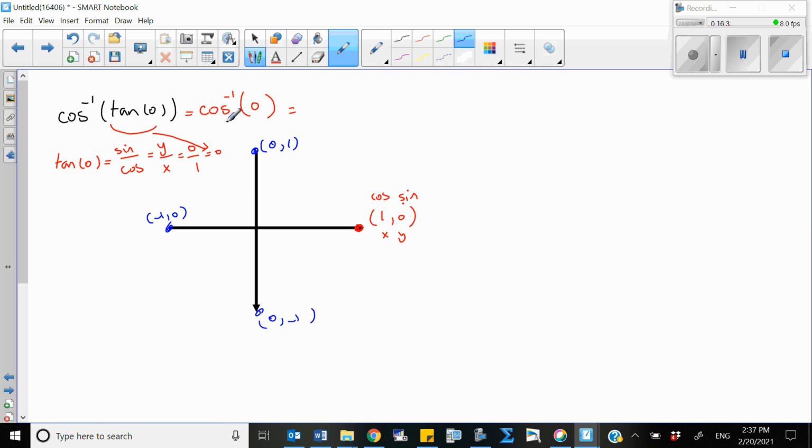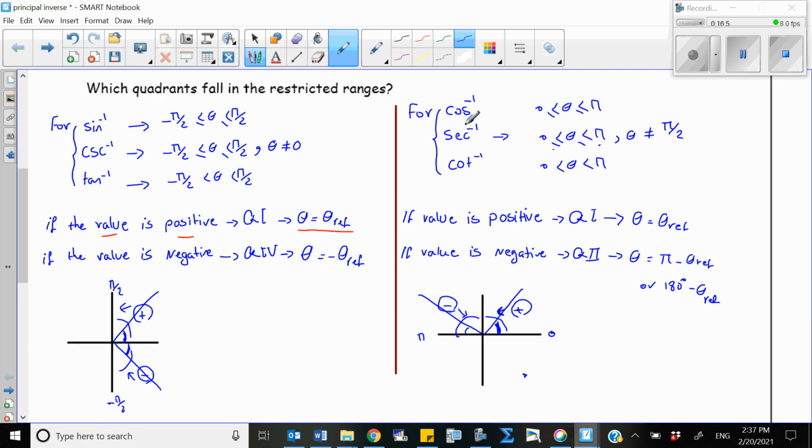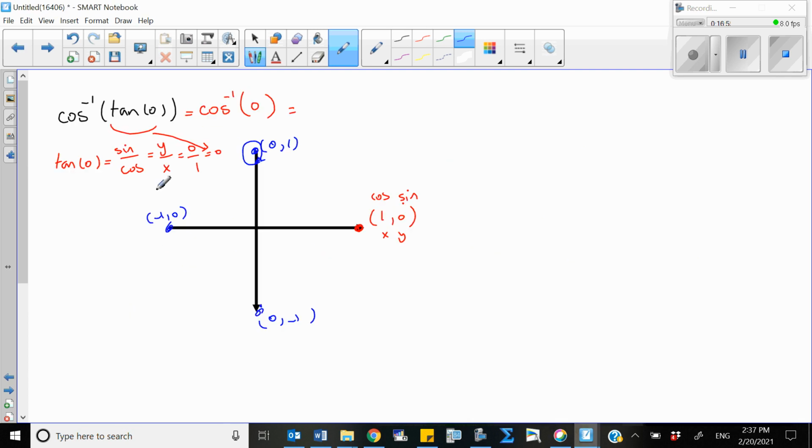Okay, so I need to look for an x value which is equal to 0, and that's this one and this one. One of these two is my answer. Which one is my answer? This one, because cosine inverse has a restricted range. Cosine inverse is between 0 and pi. So I cannot take this one. This is not in the restricted range. So this is my answer.